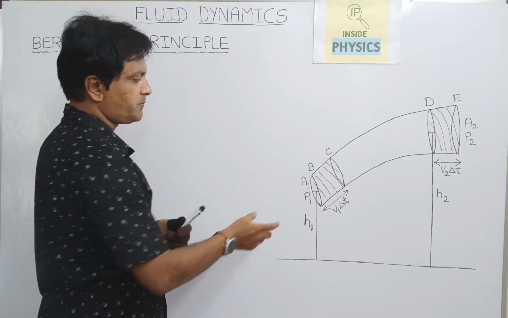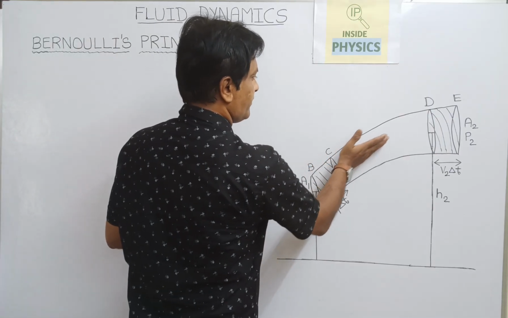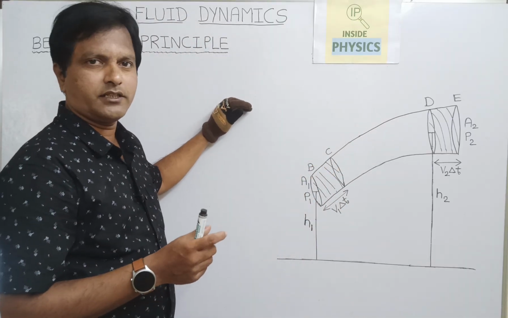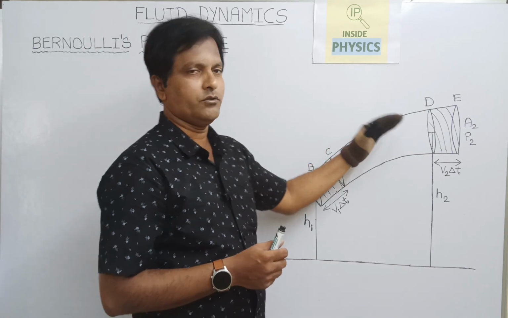If you observe this pipe here, in which we are moving a fluid which is incompressible, that means we are not considering the elastic energy of the fluid, and it is a steady flow.